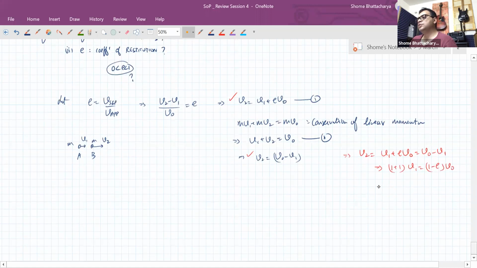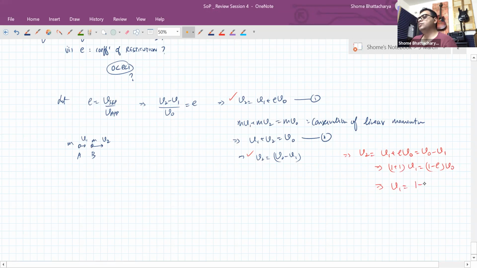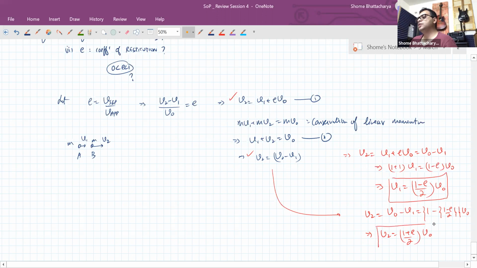So we can substitute the value of v1 as (1 minus e) by 2 times v0, and therefore v2 can be substituted as (1 plus e) by 2 times v0. So we have got v1 and v2 in terms of this unknown quantity e, which is the coefficient of restitution, where we understand e is between 0 and 1.